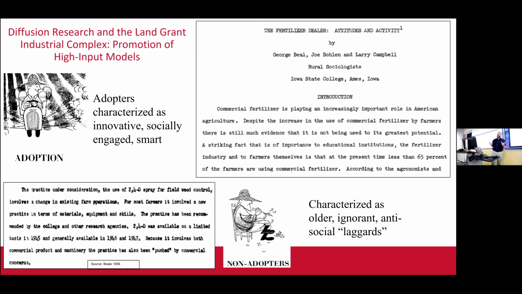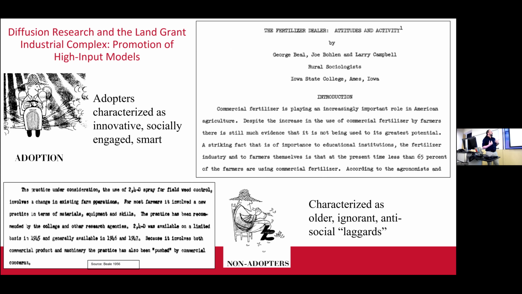That might seem a little weird to think about, but there was a point when commercial fertilizer wasn't widely used by farmers, and we were trying to understand how to get farmers to start doing that. Here's also a study about the use of 2,4-D spray for field weed control, trying to get farmers to use herbicides and pesticides.